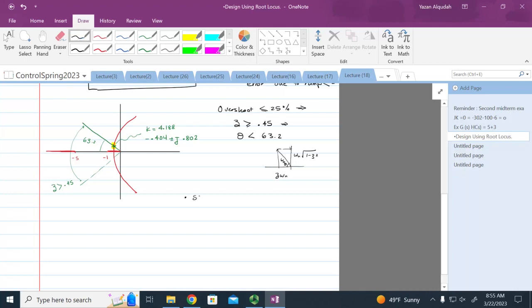Now I'm going to calculate the steady state error due to ramp. For this error, we calculate the velocity constant, which equals the limit as s goes to 0 of s multiplied by G of s, which equals 4.188 divided by 1 multiplied by 5, which equals 0.838.